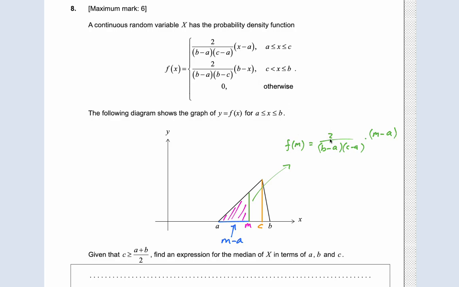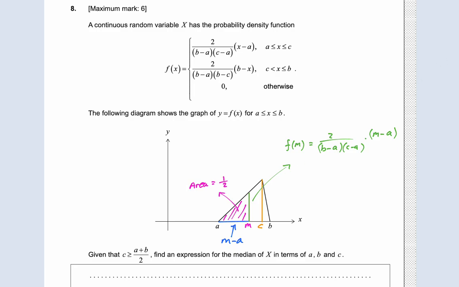Now I've got the base and the height of the triangle. I know that the area of this pink triangle equals a half, because the total area is 1, since it's a probability density function. So the pink area is a half.